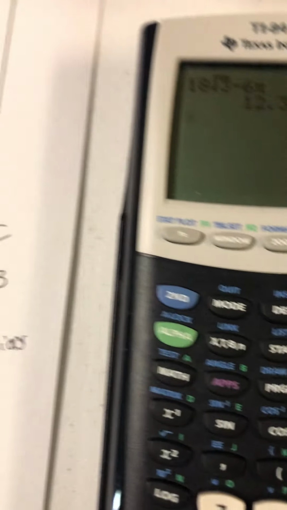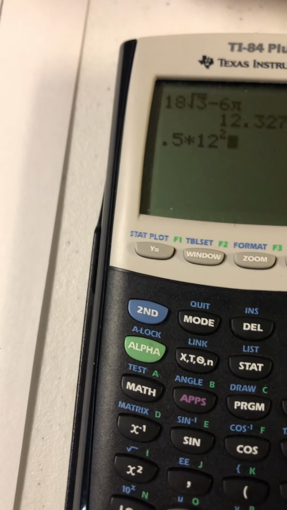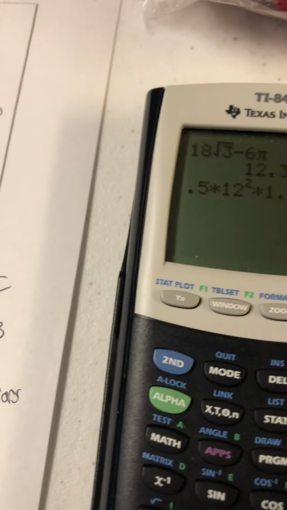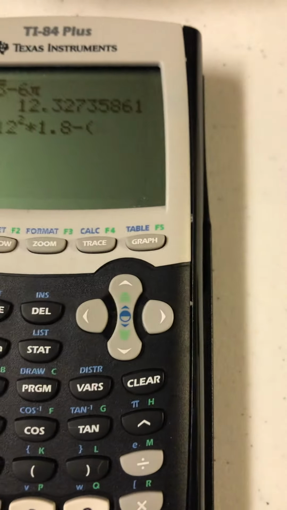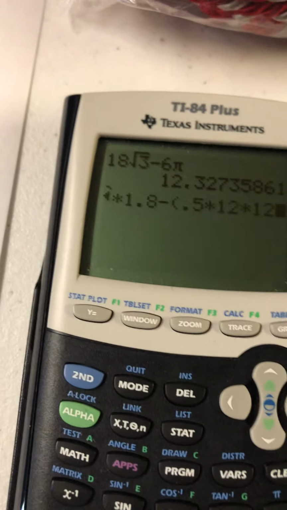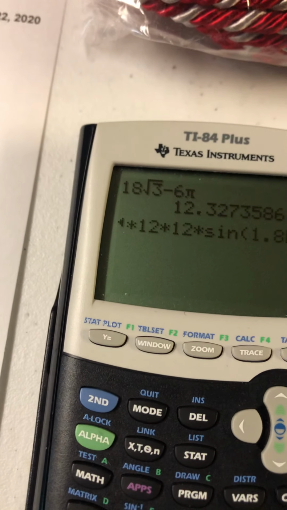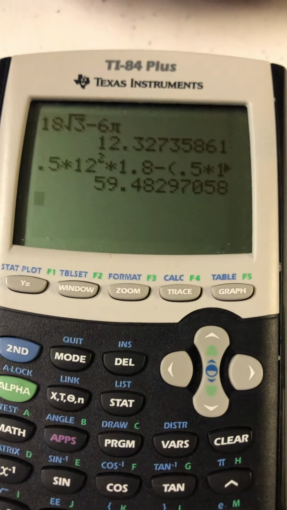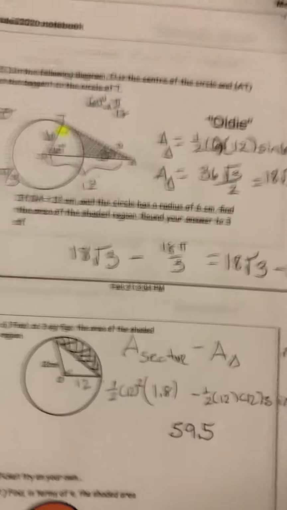So 0.5 times 12 squared times 1.8 minus, now I've got to enter the area of the triangle, which I might put parentheses around here, 0.5 times 12 times the sine of the angle 1.8. And close the parentheses, and voila. There's my answer, 59.5, rounded to 3 sig figs.